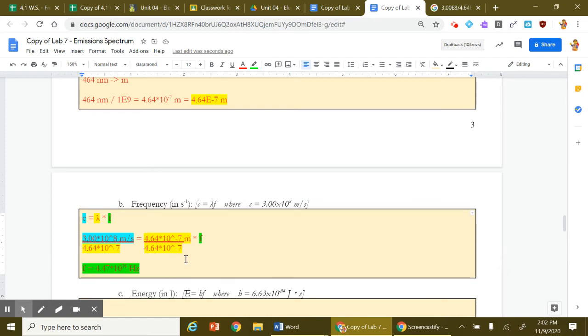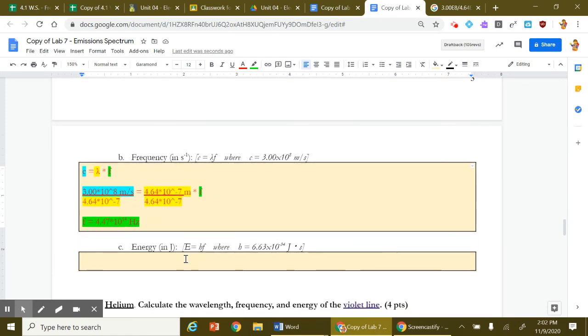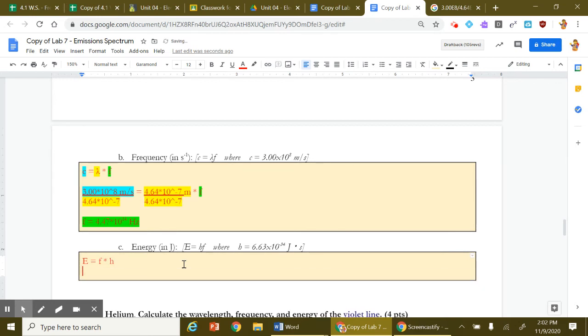Now we've found the frequency. The last step is they want you to find the energy of this photon of electromagnetic radiation. So the energy equals the frequency times Planck's constant. The energy is going to be equal to the frequency, which we just solved above. It's the exact same frequency, so you can even copy and paste it if you want.